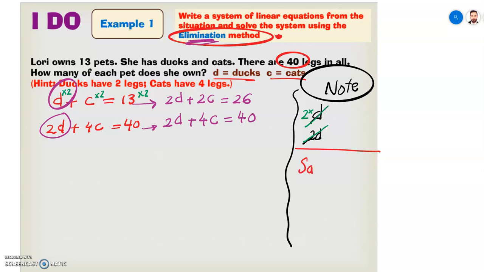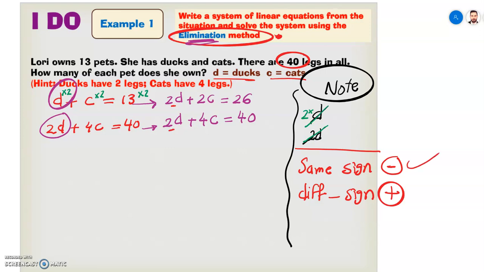If you have the same sign, you have to subtract. If you have different signs, you have to add. Here I have the same sign, 2 and 2, which is positive 2 and positive 2. Same sign, I will subtract.